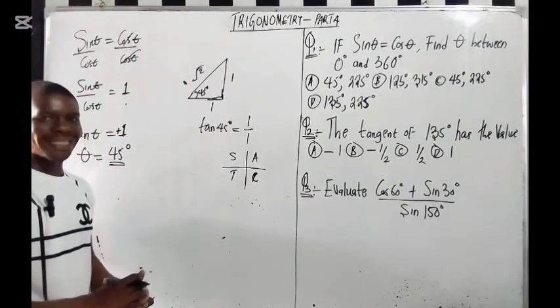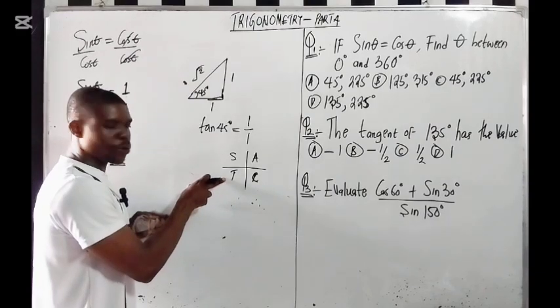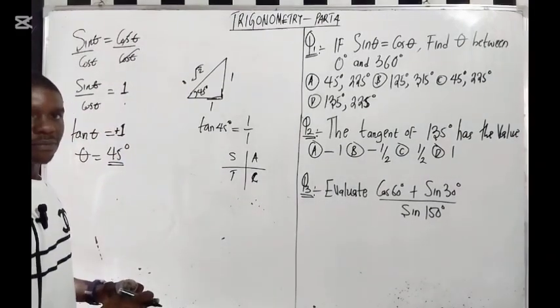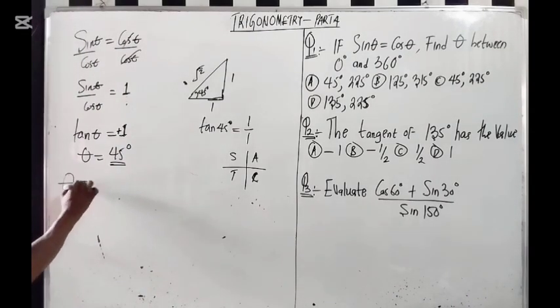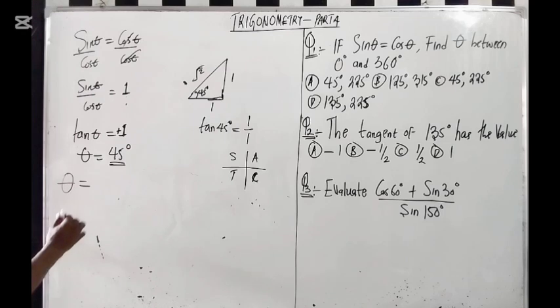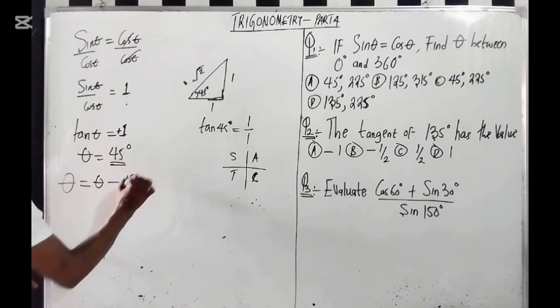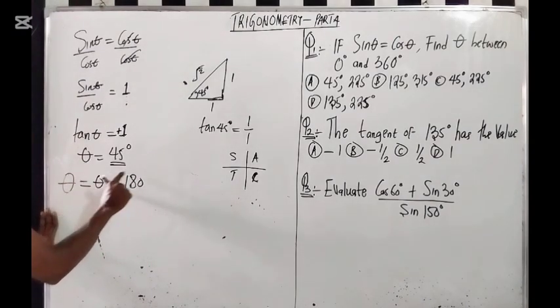My second angle is going to be from the third quadrant, because in the third quadrant tan is positive. And in the third quadrant, theta minus 180.